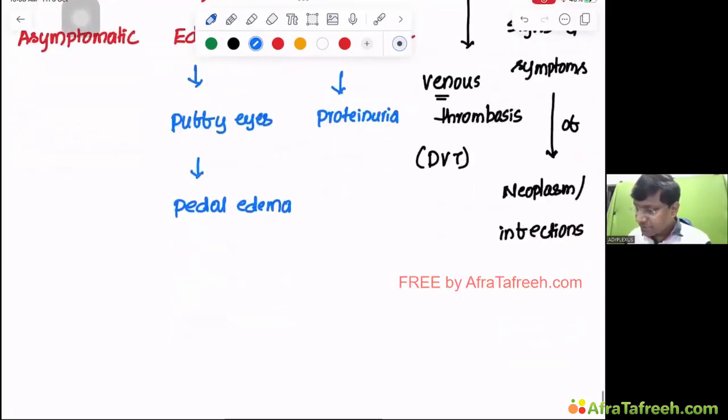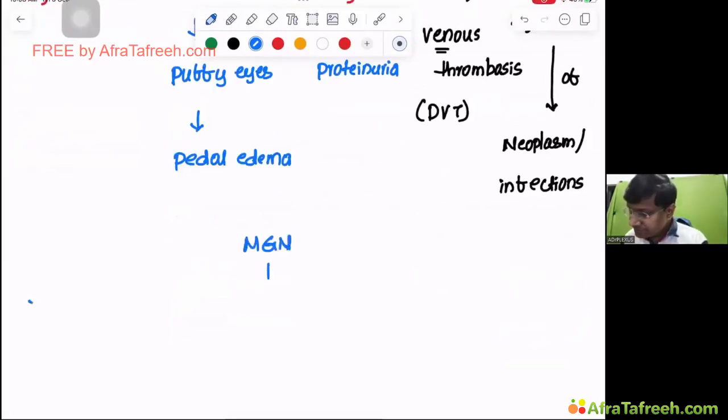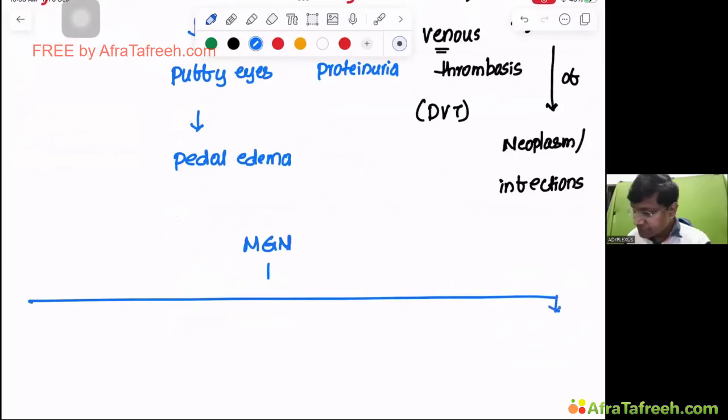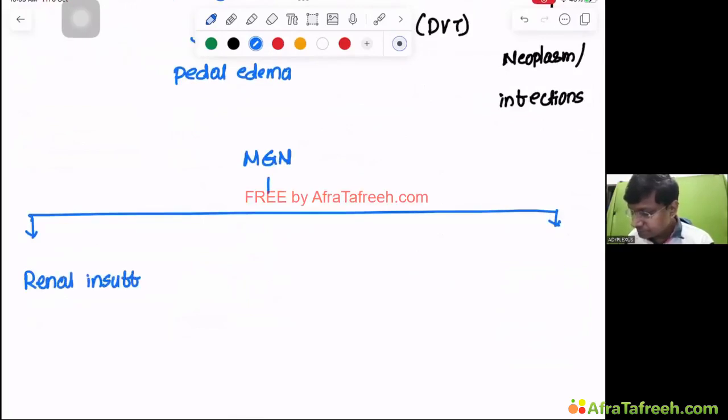Now, these patients with membranous glomerulonephritis develop renal insufficiency. Right? They develop renal insufficiency.